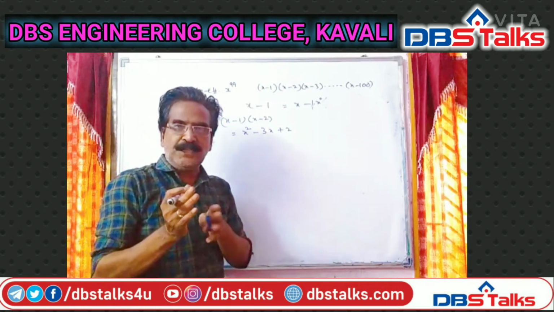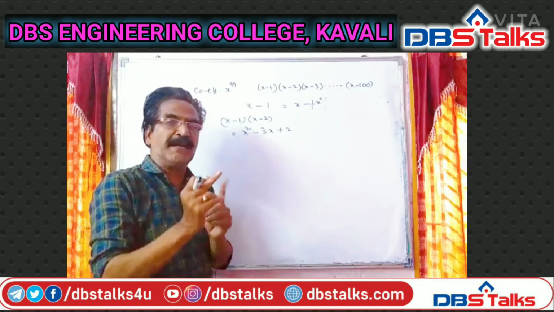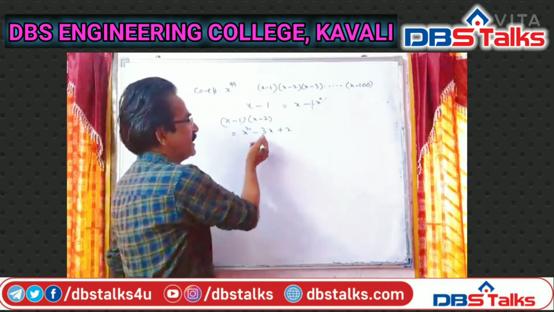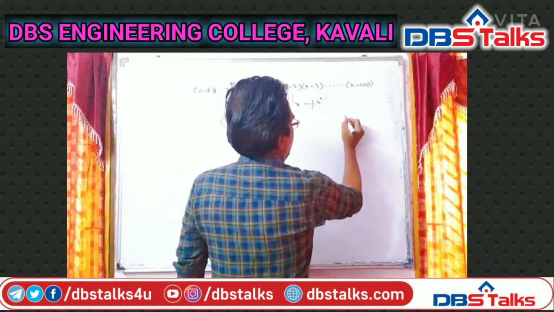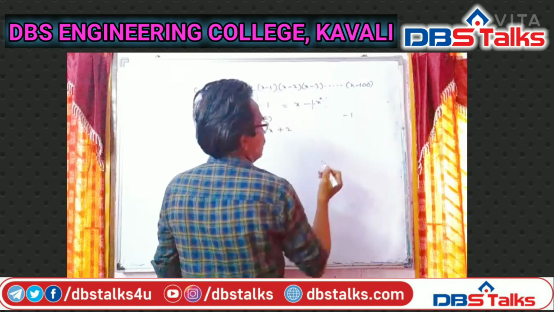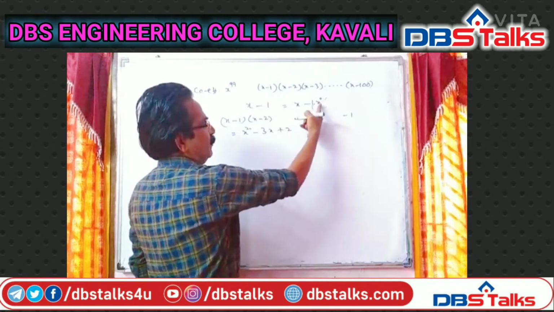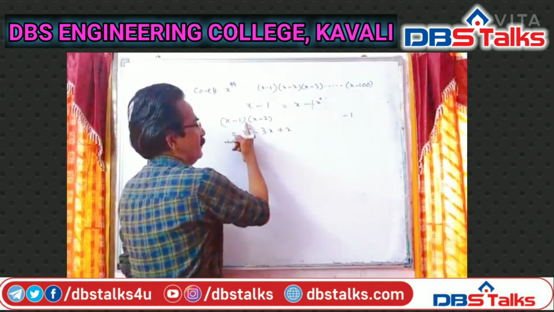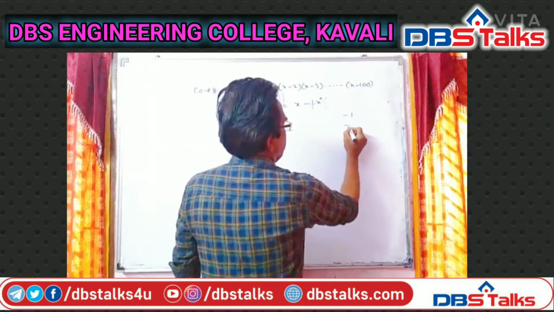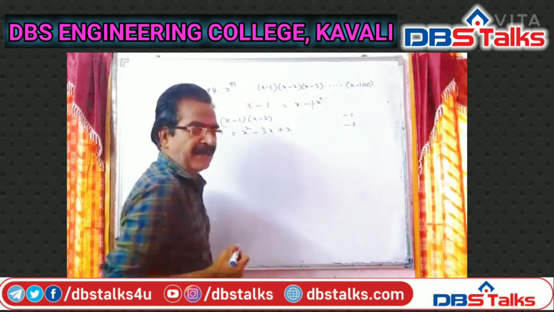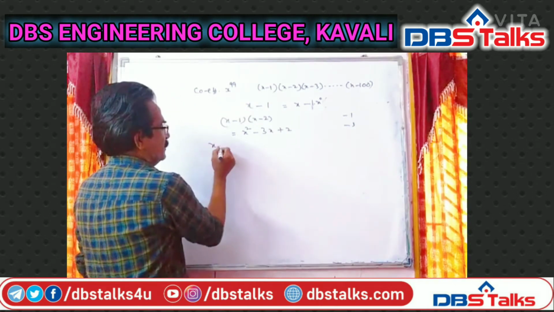If you take two terms, then the coefficient of x power 1 is minus 3. If you take only one term, the coefficient is minus 1. If you multiply two terms, the coefficient is minus 3. Let us take three terms.